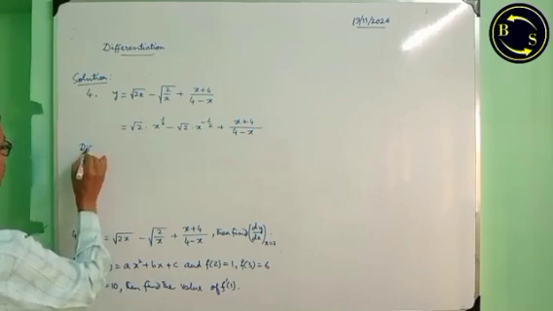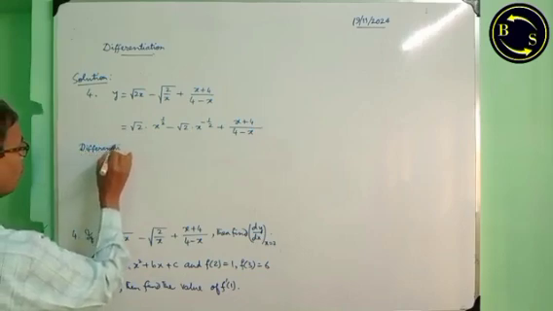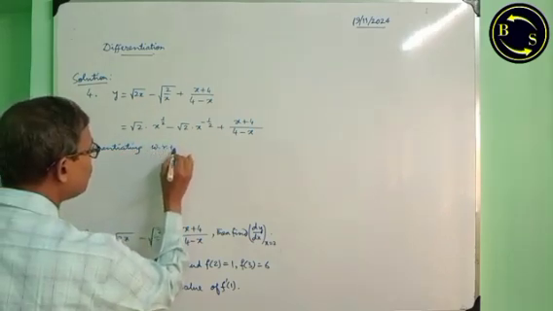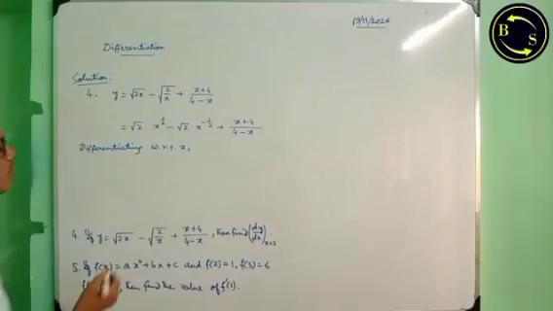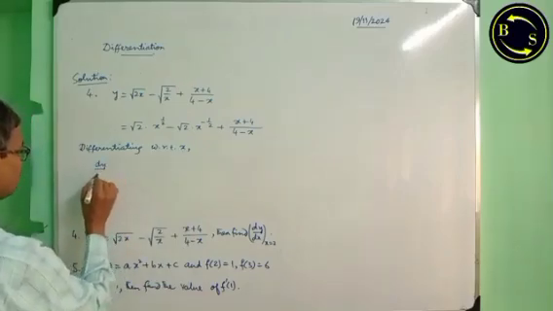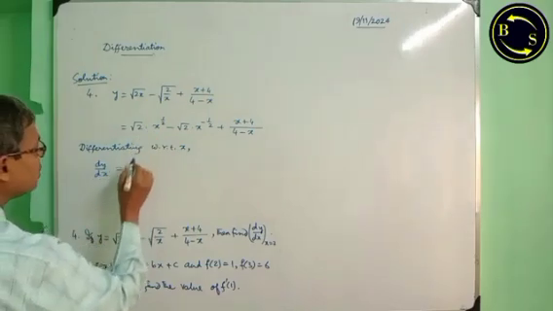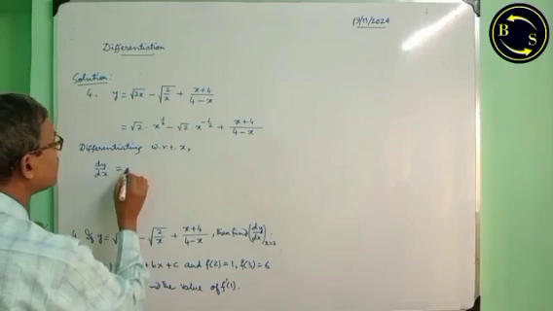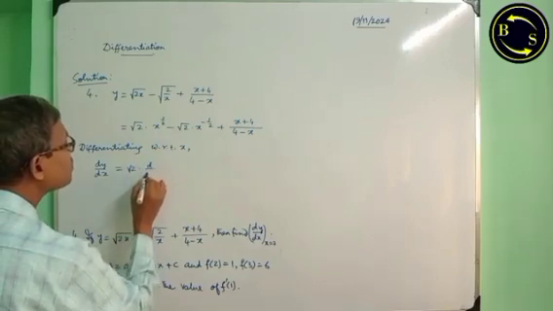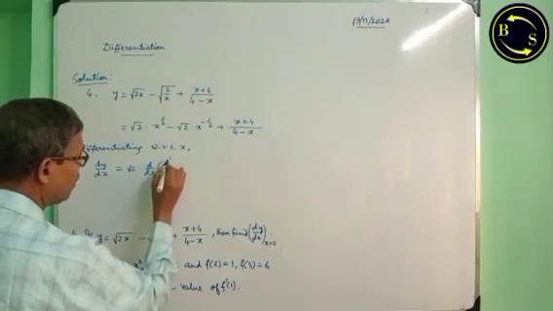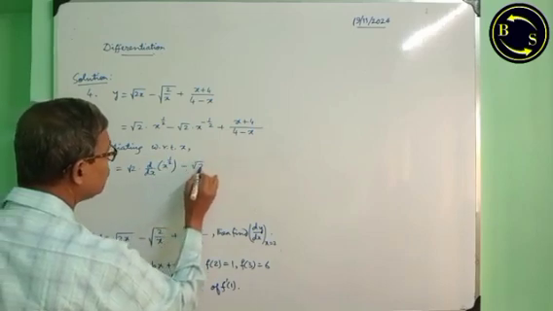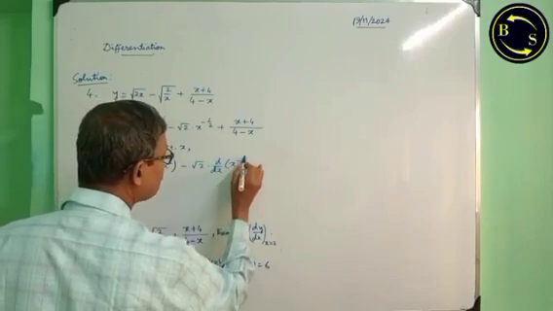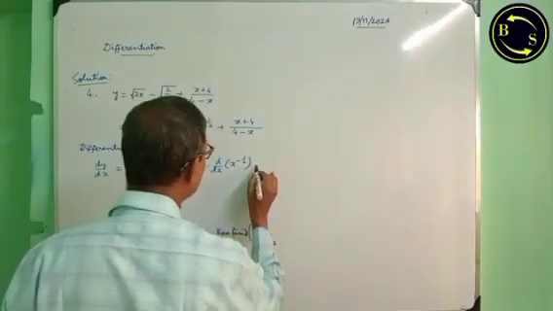Differentiating with respect to x, dy dx on the left side and the right side c into f x form. Therefore, derivative will be root 2 into d dx of x to the power half, minus root 2 into d dx of x to the power minus half, plus.